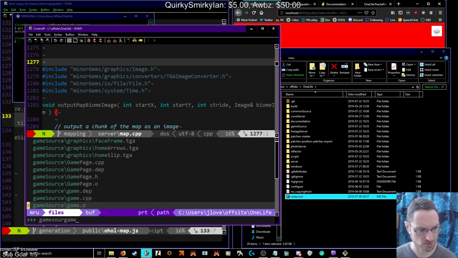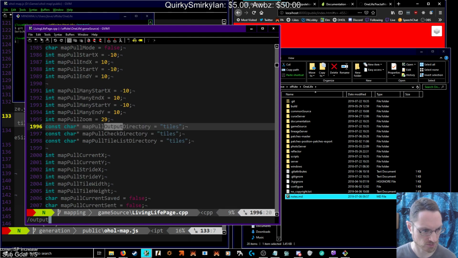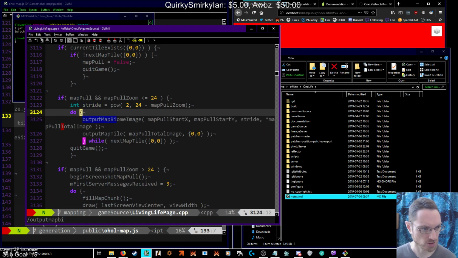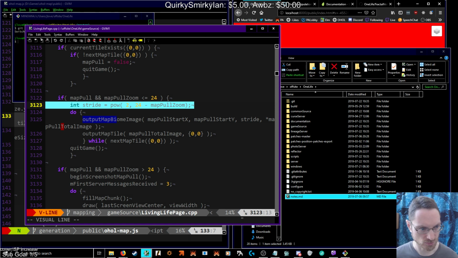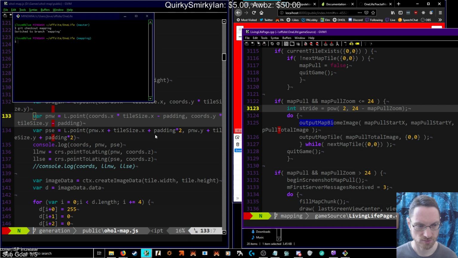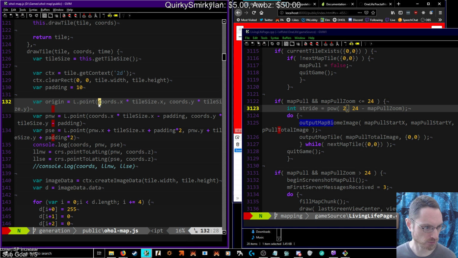I think we're still in living life page. Biome image. Stride is right, because we're only dealing with one-to-one right now. So this would get weird if we go beyond 24.